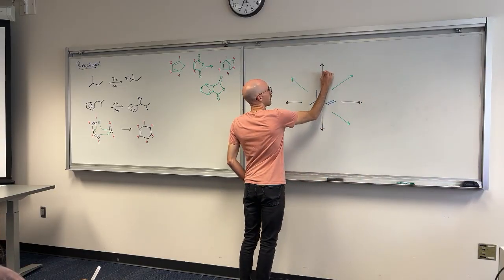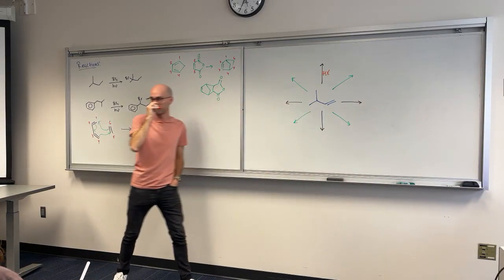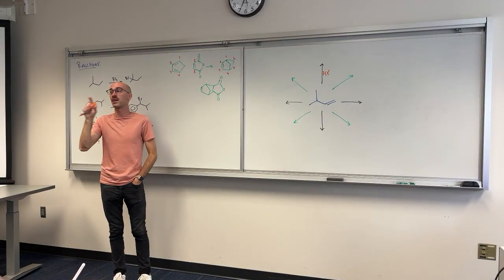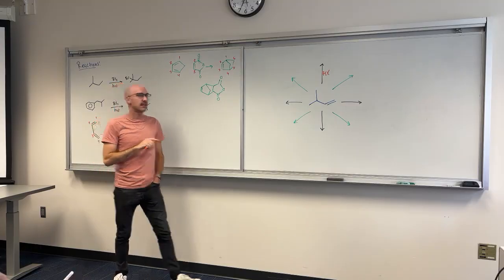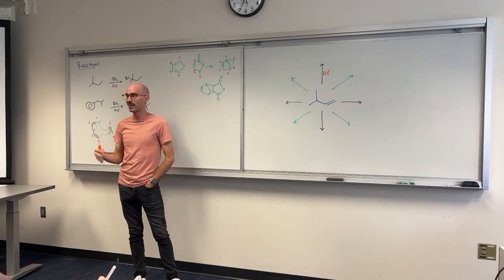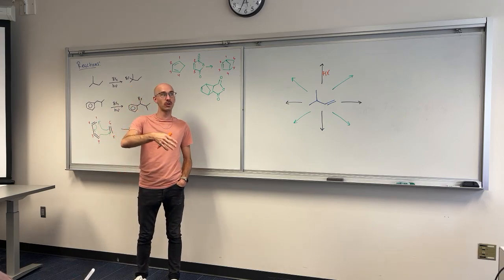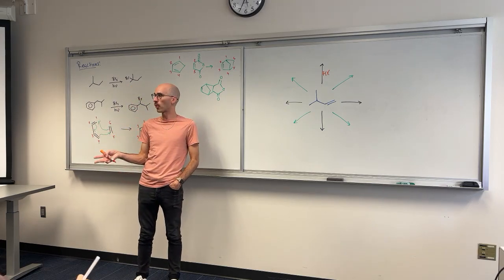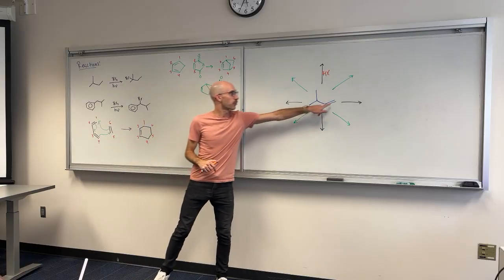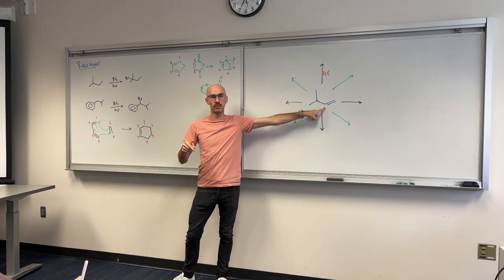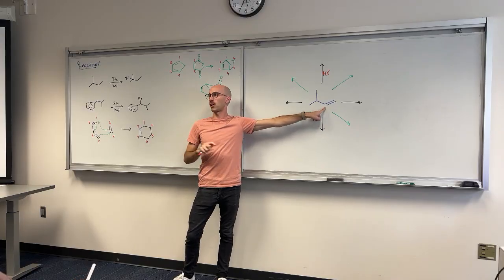hydrohalogenation, HX addition. We're going to look at some mechanisms for some of these after. This is a carbocation intermediate reaction, which means that the most stable carbocation possible will form. A primary carbocation is less stable than a secondary carbocation, so the secondary carbocation forms.